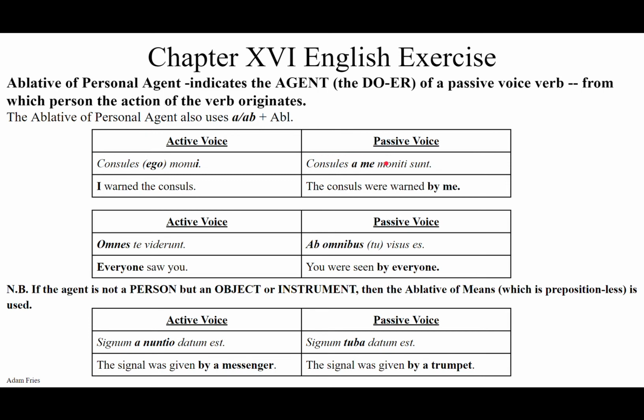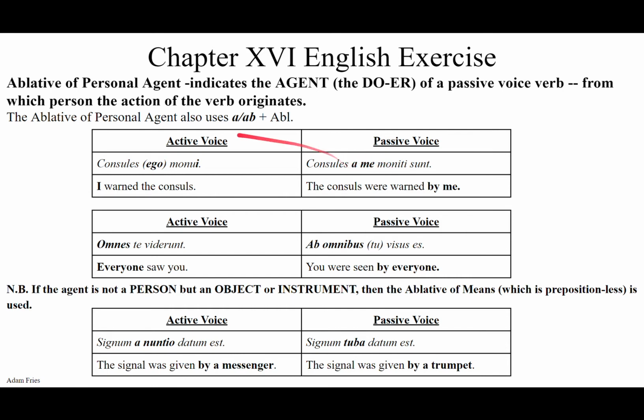And the agent, the doer, the one who actually does the passive voice verb, is me. In the active voice sentence, I did the action to the direct object. In the passive voice, the action happens to the direct object, and it comes from me.